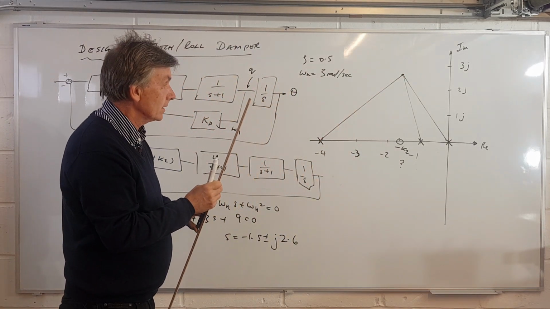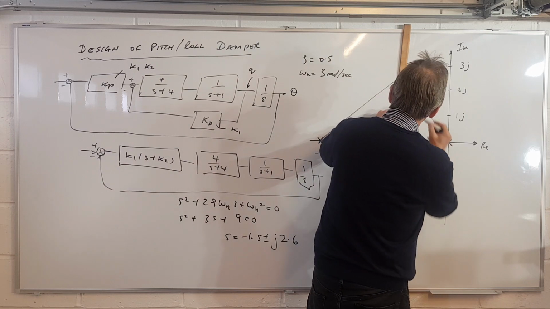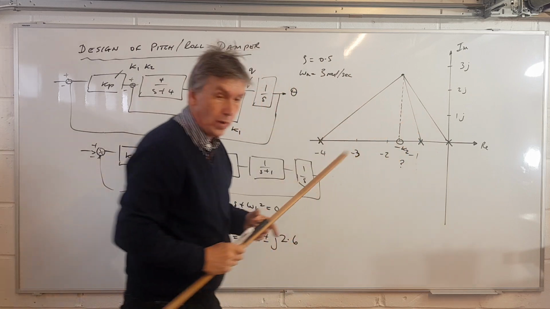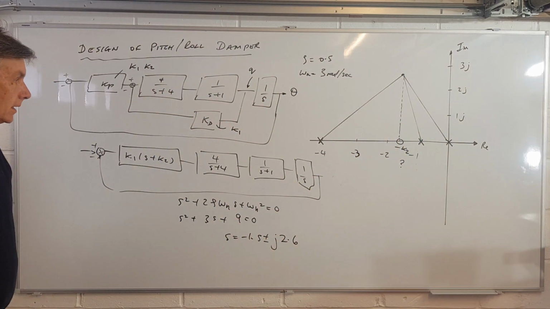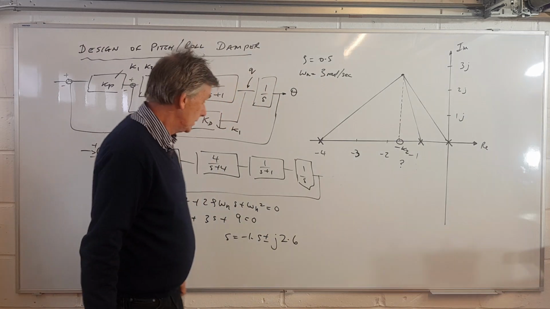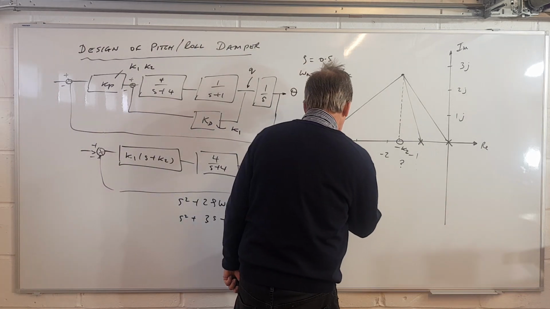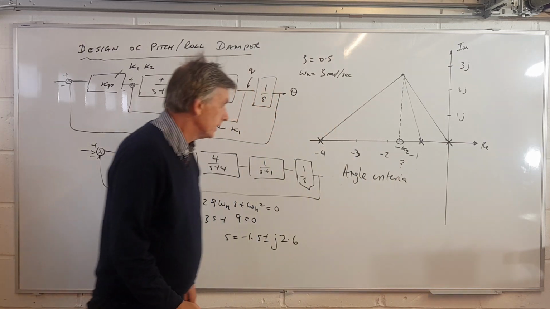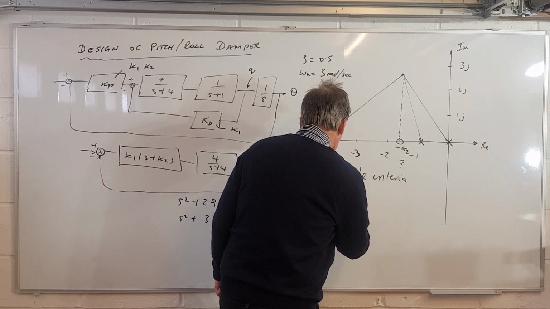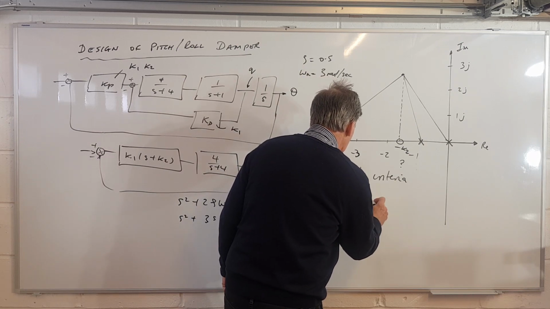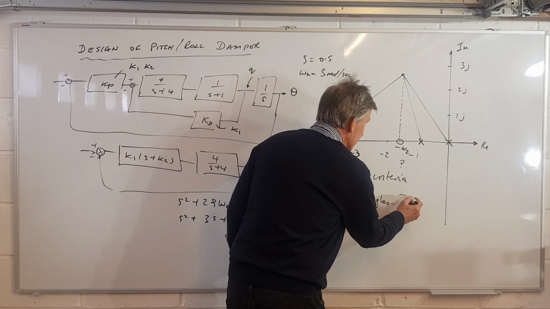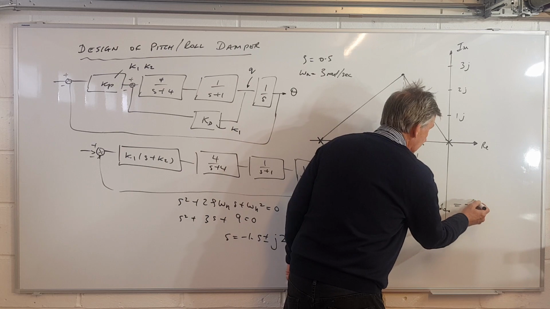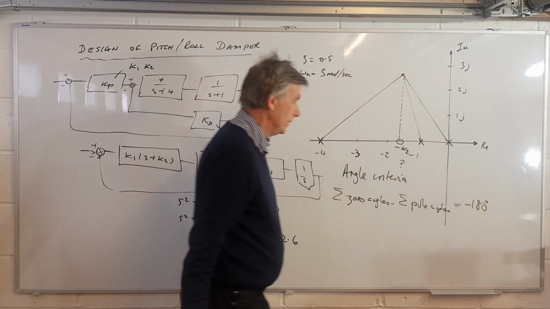And we know there's also going to be a 0 somewhere here, but we don't know where that one is at the moment. So to locate this point, we can use the angle criteria, which states now that the sum of the 0 angles minus the sum of the pole angles adds up to exactly 180 degrees.